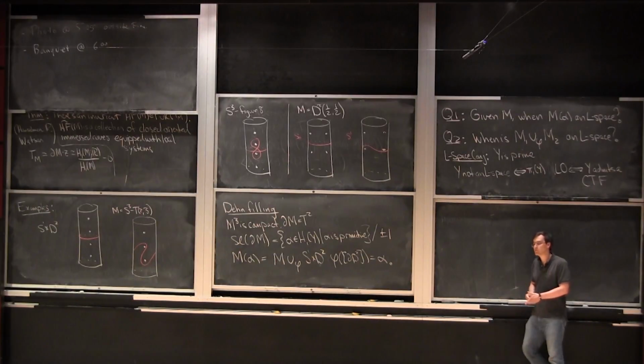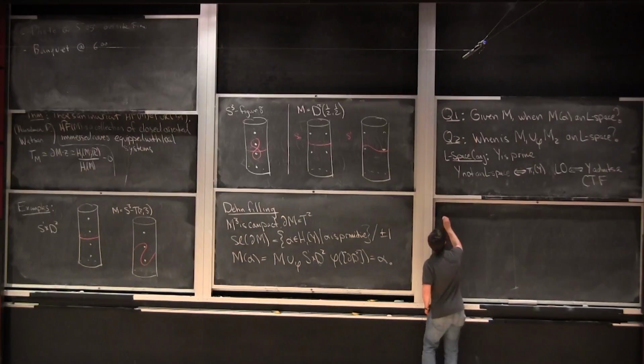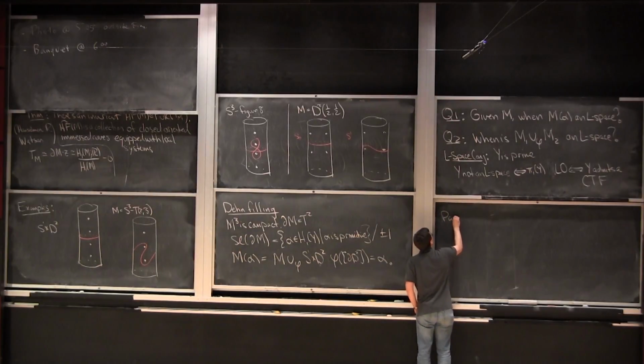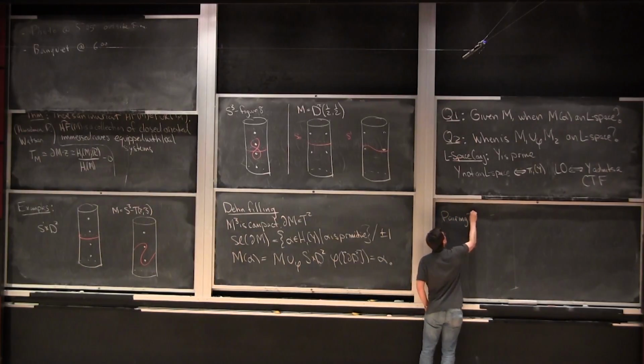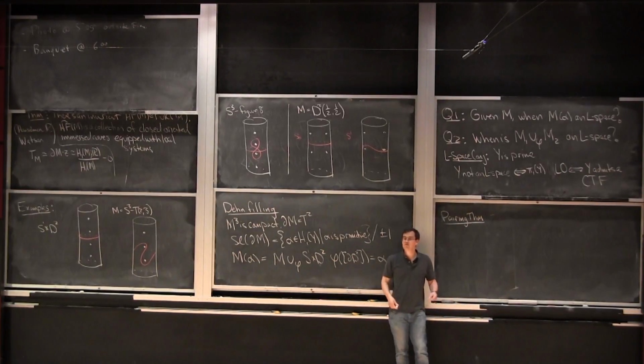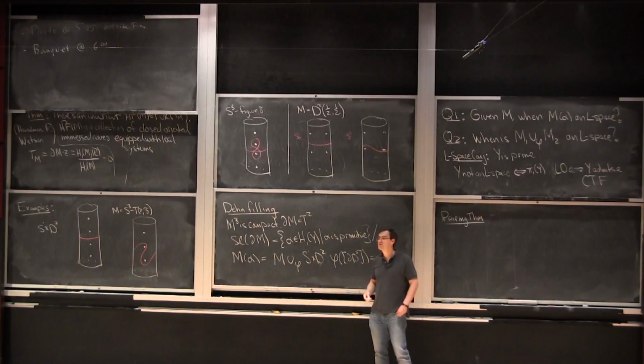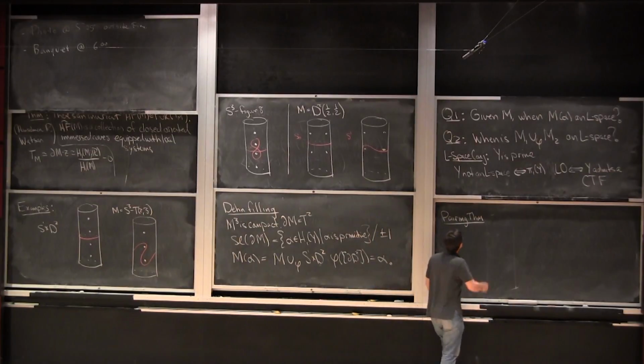What is this invariant good for? Well, there's a pairing theorem. It says that if I glue 2 manifolds with torus boundary, I can use the invariants of the pieces to compute the invariant of the whole thing.